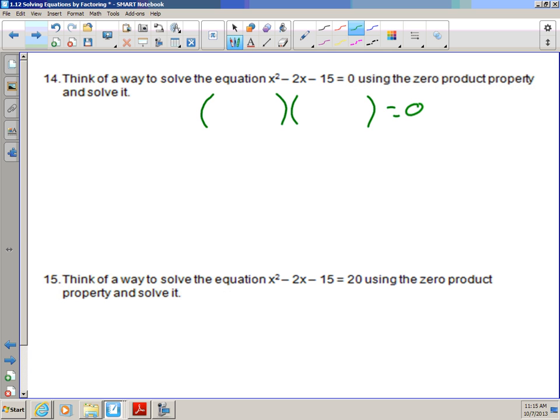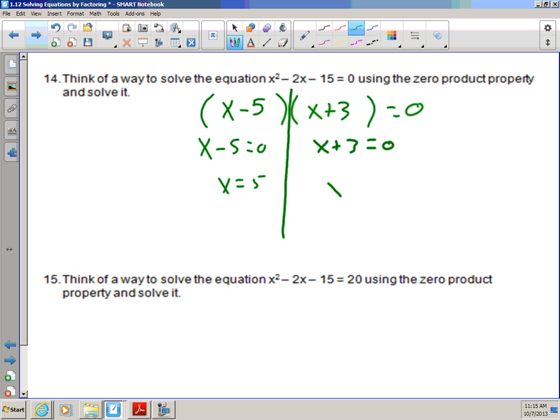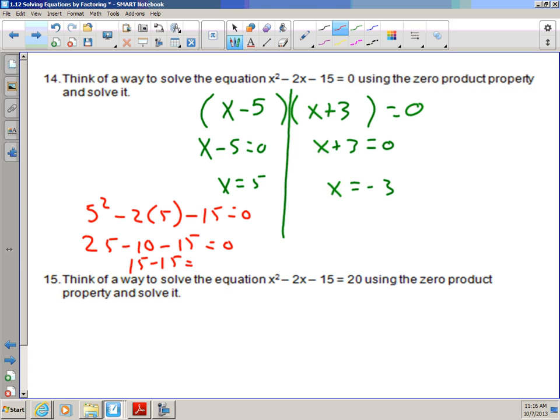How would I do that? x minus 5 and x plus 3. Now, I'll split this and set each one equal to 0 and get my solutions of 5 and negative 3. How would you check this? Well, if I inserted 5 for x into the original equation, you'll see that it works. And same thing for negative 3.